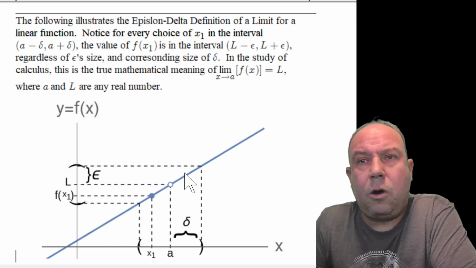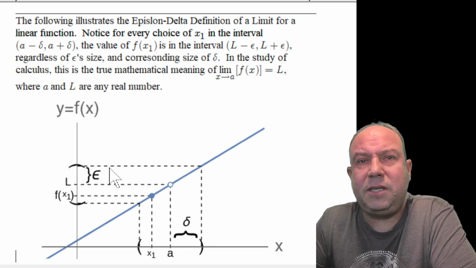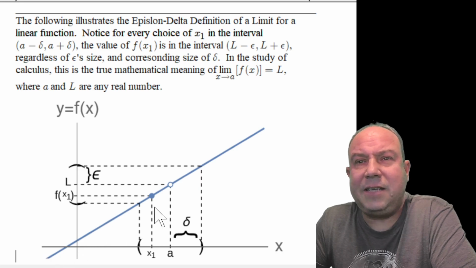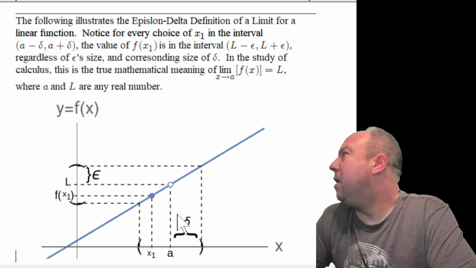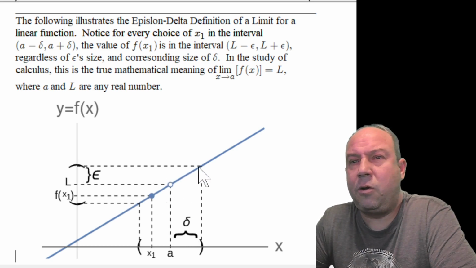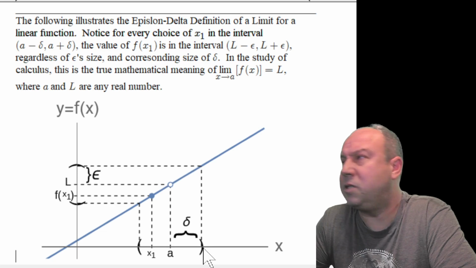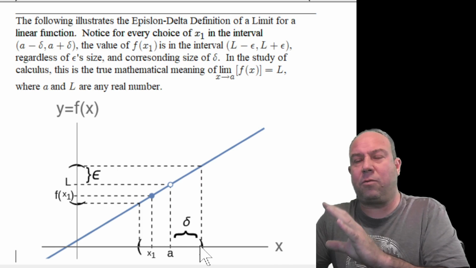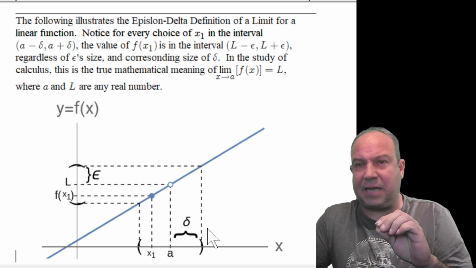There will always correspond, and that's what these horizontal to vertical dashed lines are indicating at these boundaries, in this case of this linear function, a delta. From this size boundary, you can always go over and measure a corresponding value, a boundary on the right that corresponds to a size of delta.